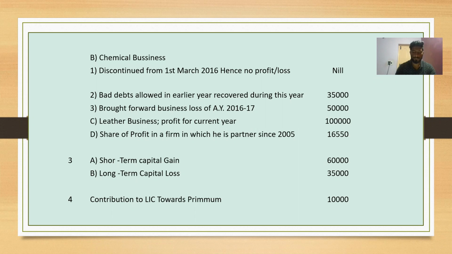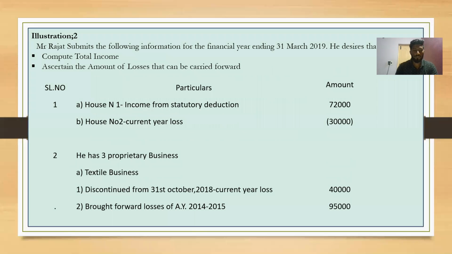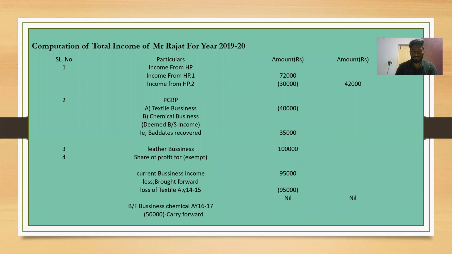Here is the solution. First is income from house property. We have one income after statutory deduction of 72,000, which we have taken here as income from house property.